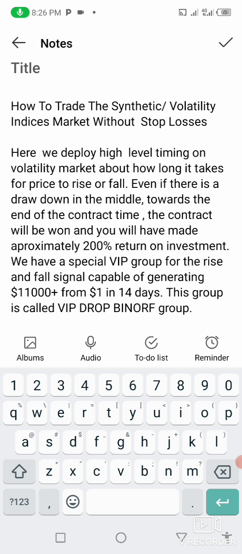You place another trade, your stop loss hit. In order to solve this problem, we need to actually time the market accurately so that even if there is drawdown, we'll be able to end up in profit. And the only way to achieve this is to trade rise and fall. I'm going to show you what I mean on MT5.